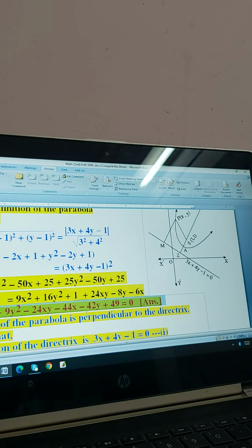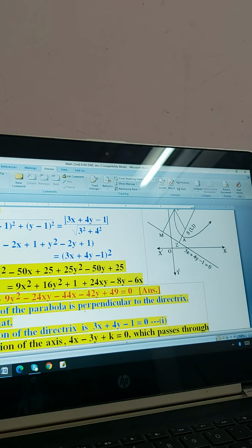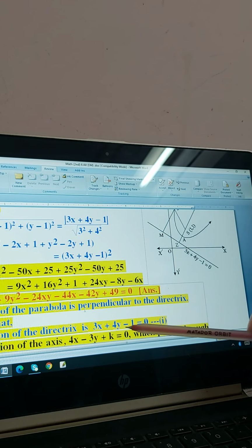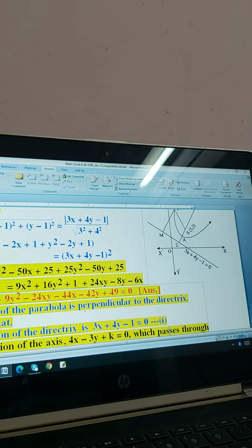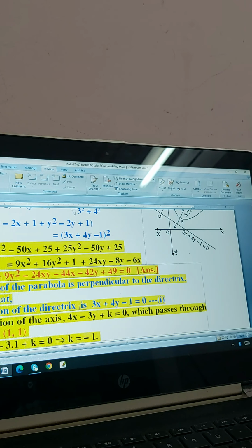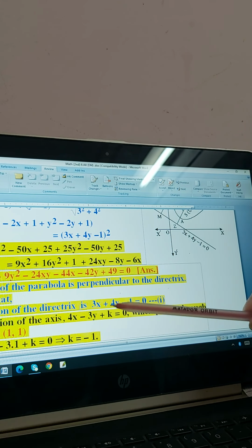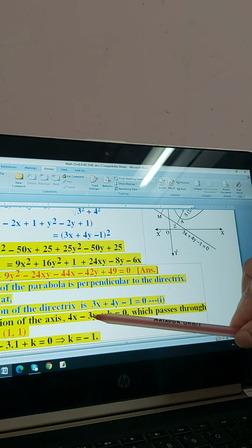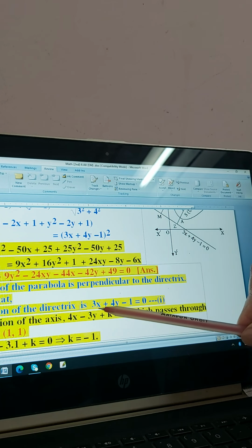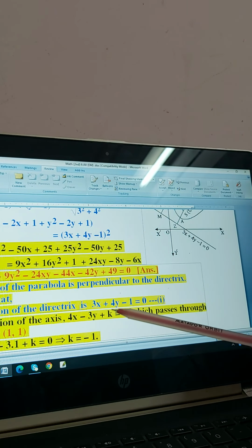The equation of a straight line which is perpendicular to equation 1: the coefficients of x and y will be interchanged, that is, the coefficient of x will be y and the coefficient of y will be x.